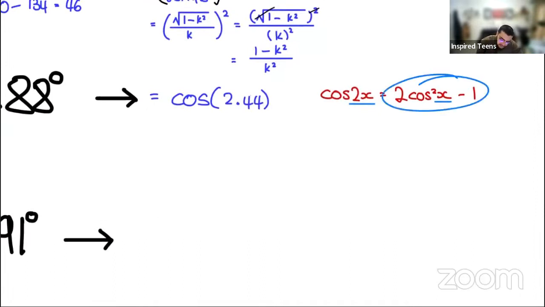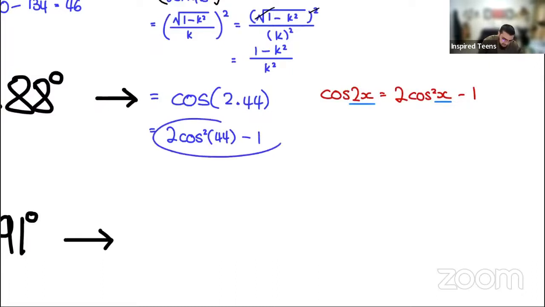So utilizing this, I can simplify this to 2 cos squared x, which is half of 2x. So 2 cos squared 44 minus 1. And now I haven't changed the value of it. I've simply used an identity to represent it differently. I have it in terms of 44 and not in terms of 88.